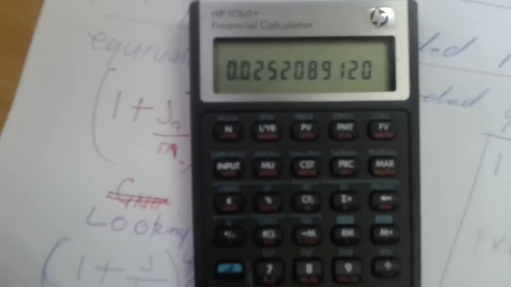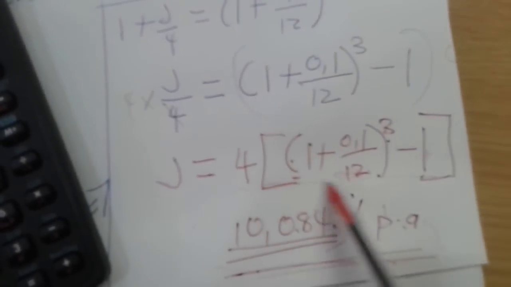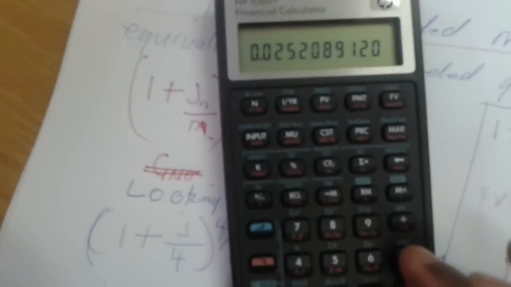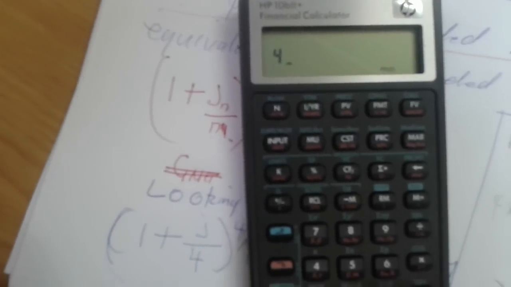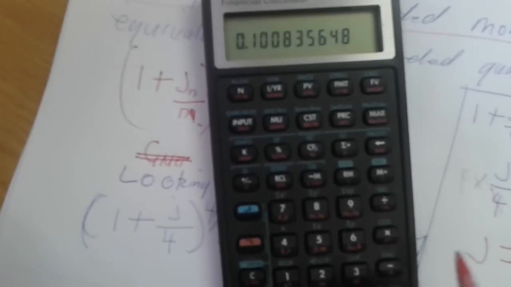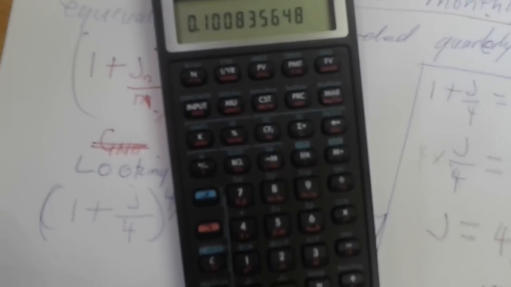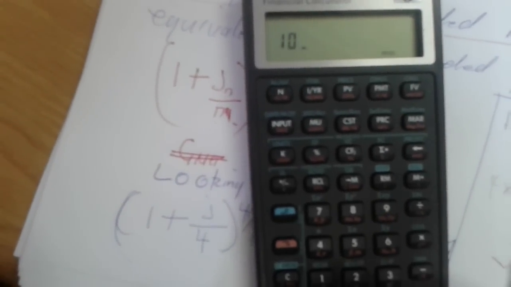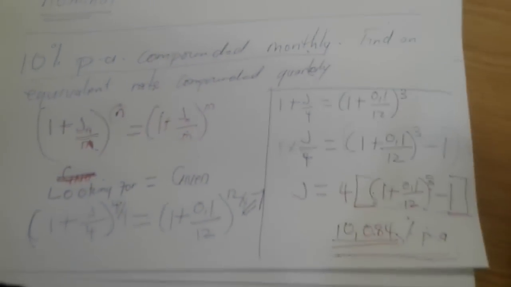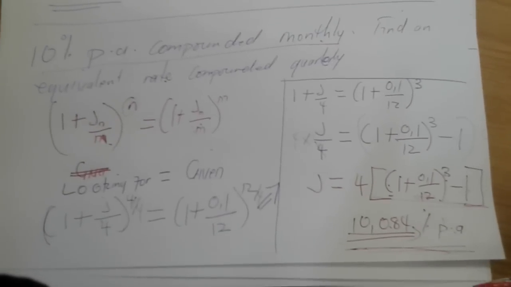This answer is for this bracket here. And lastly, I multiply by 4, and I get 0.108. But if you want to make it a percent, you must multiply it by 100%, which again gives you the same answer. So this is how you use the formula to calculate an equivalent rate.